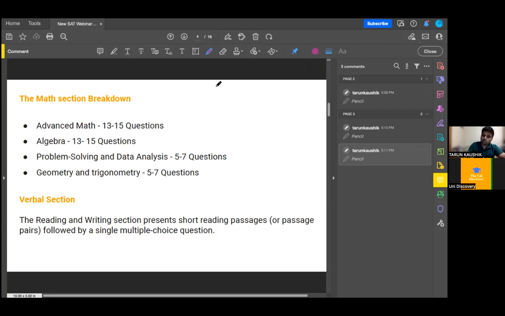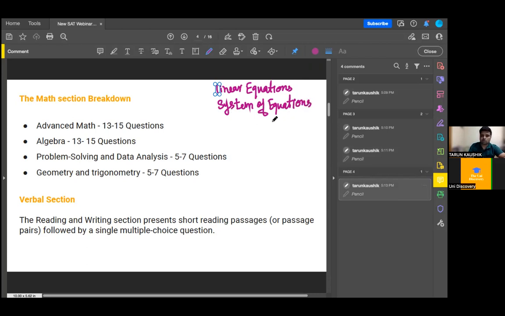If you talk about the major components, you will see that the questions will be related to linear equations. That can be linear equations with one or two variables. Further, it can also be given in the form of a system of equations, either the normal system of equations or a system of equations combined with the concept of coordinate geometry. There will be questions based on functions: the linear function, the quadratic function, as well as the exponential function.